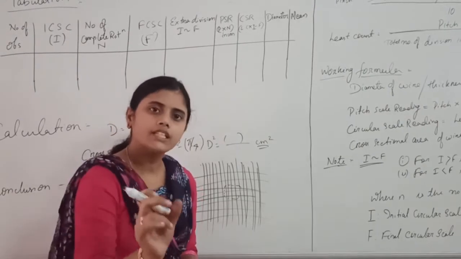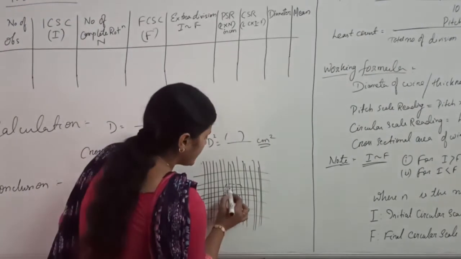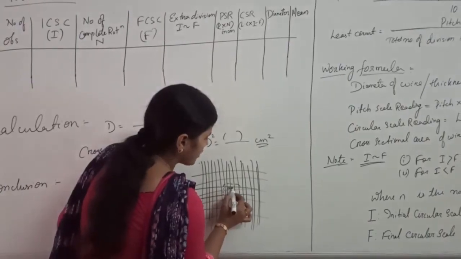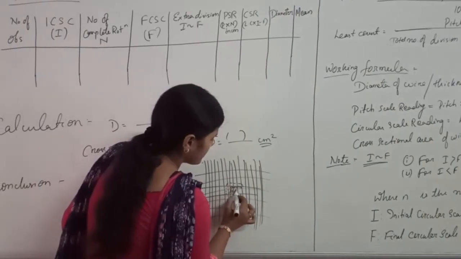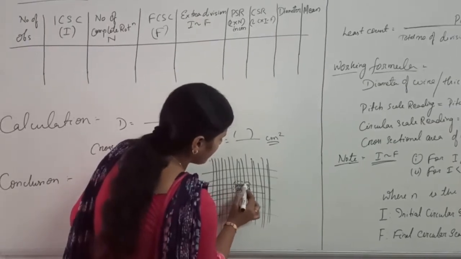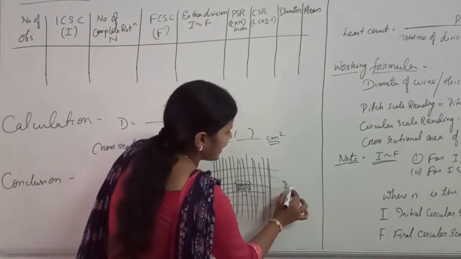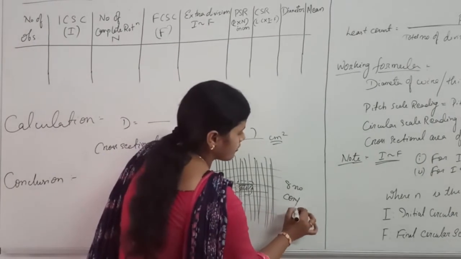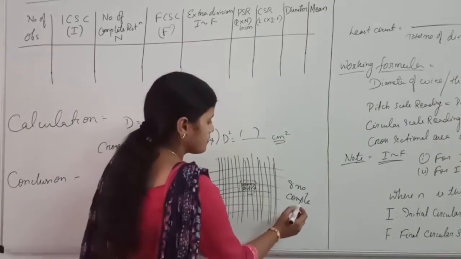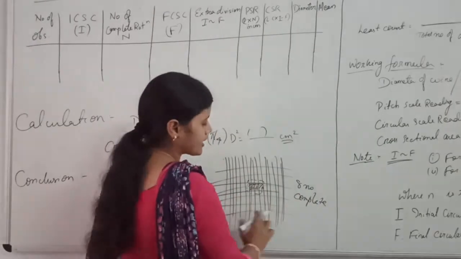Volume will be thickness into that number of complete squares. So see here, this is a complete square, this is a complete square, this is a complete square, like this. But this is not a complete square. So here suppose we got 8 complete squares after drawing the outline of this plain lamina on the graph paper.